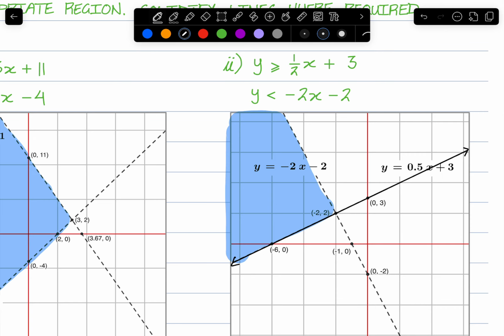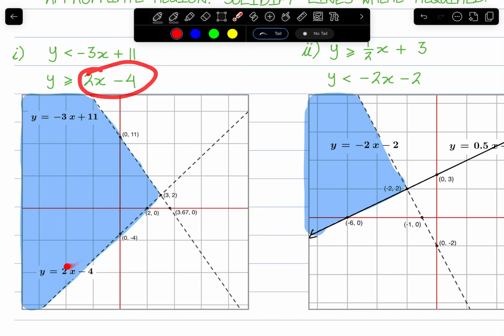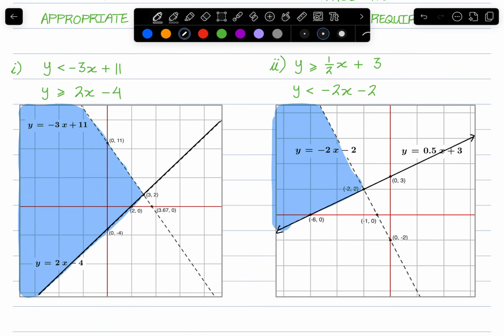And there we have it. Likewise with this one, the 2x minus 4, which is this one, needs to be made solid as well. So let's write that in. There we go. Now, these two examples are the ones I'm demonstrating using this testing, actually substituting into it.